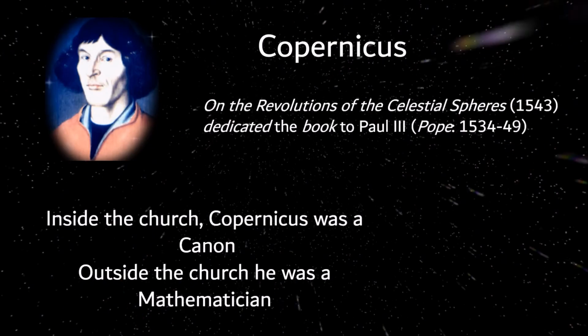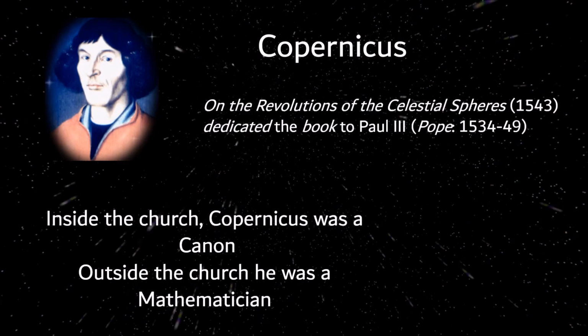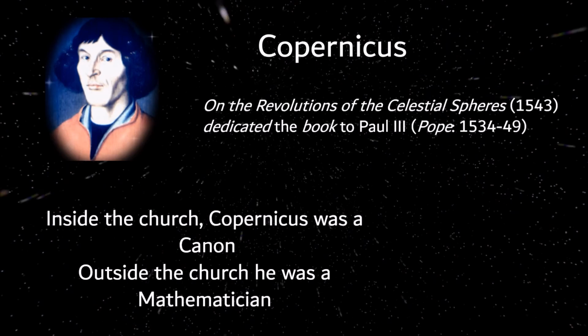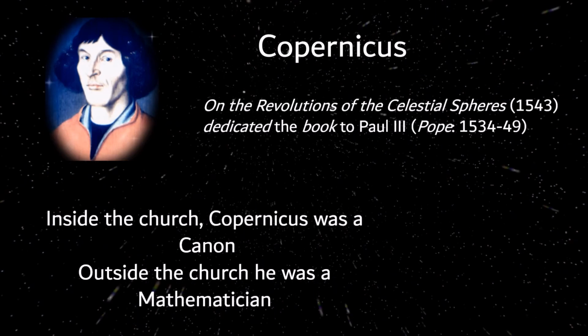That's important information for you to know because history has been rewritten by many scientists today, talking about how horribly the church treated Copernicus. Well, yes, there were some skeptics, but by and large, his views were accepted by the church.